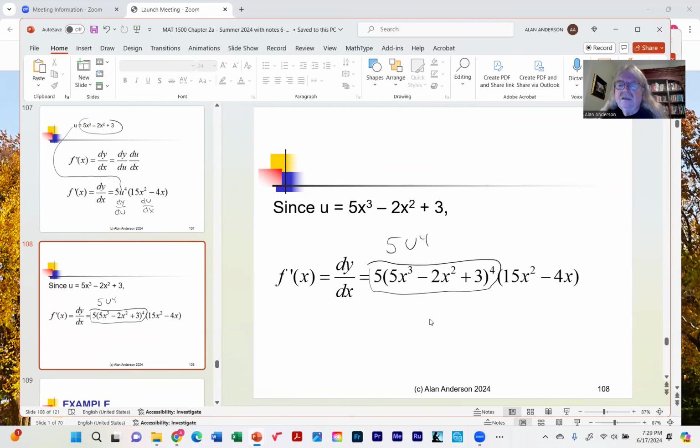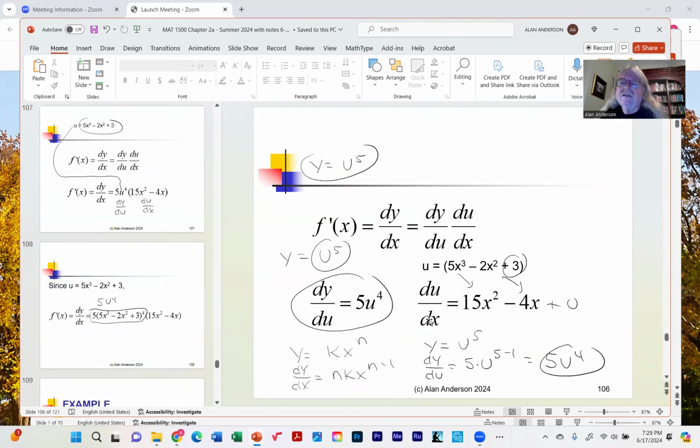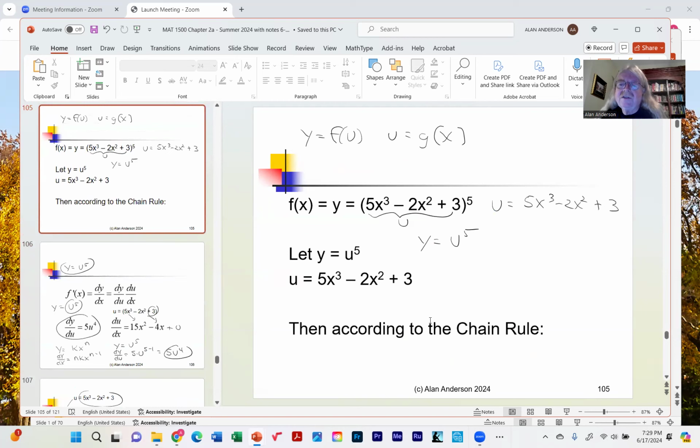Okay, so this is a classic example of the chain rule. The challenge here is to look at this expression, first recognize that we should be using the chain rule, and second, determine which of all these terms in here should be represented by u. Now, suppose you guess wrong and pick the wrong thing for u.